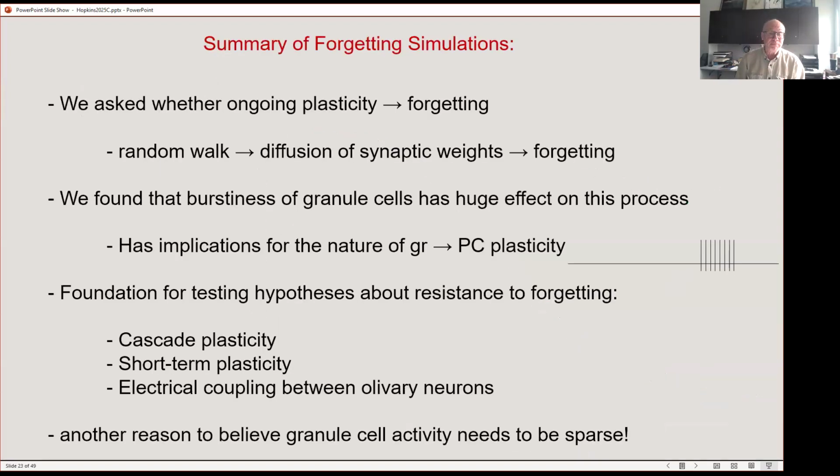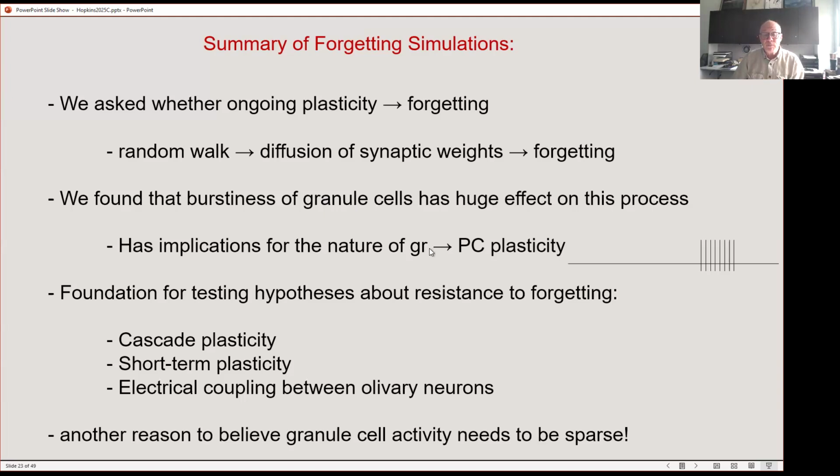So the summary of that little project is that we asked whether the ongoing plasticity, as imagined by Larry Abbott's lab, could do forgetting. And the idea here is that a random walk of the weights causes a diffusion of synaptic weights, which causes forgetting. And the answer was yes, but we had to factor in the fact that the burstiness of the granule cells has a large effect on this process.